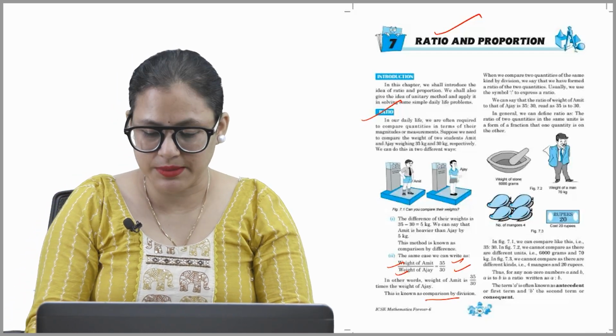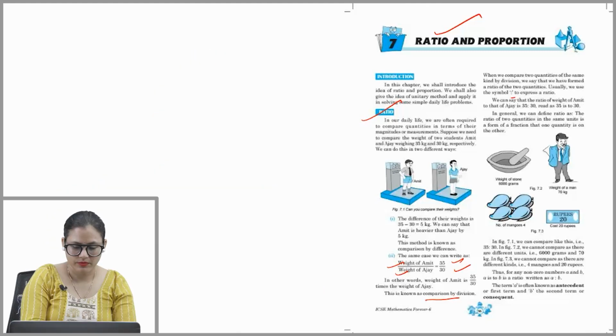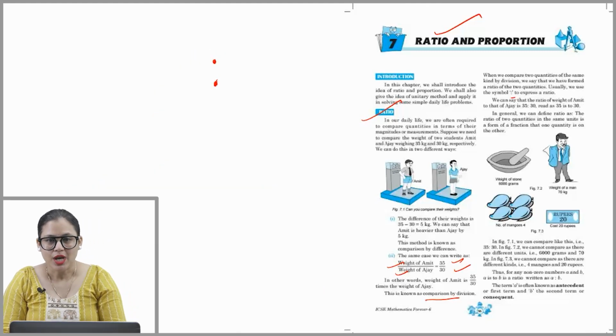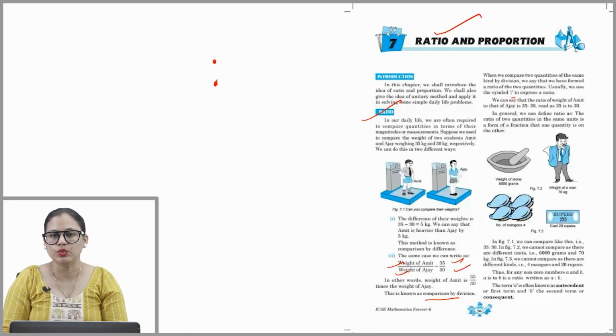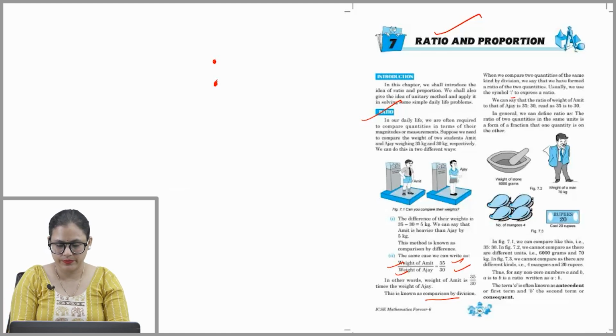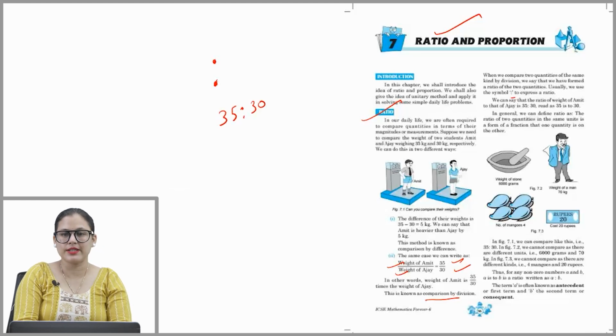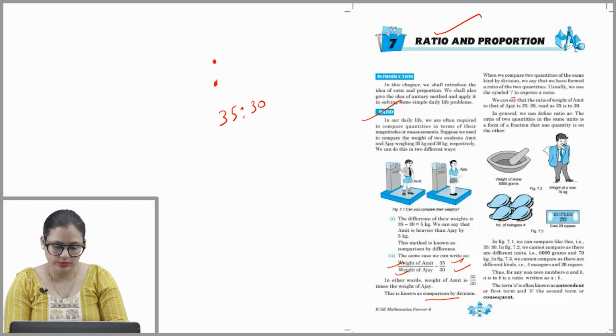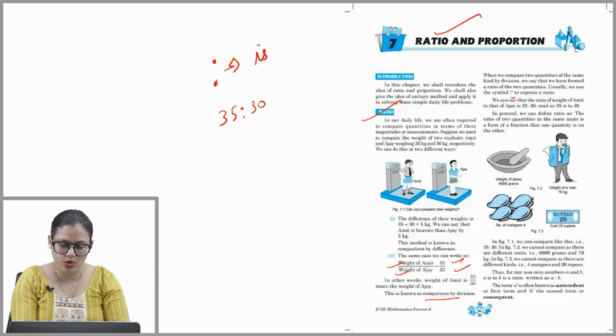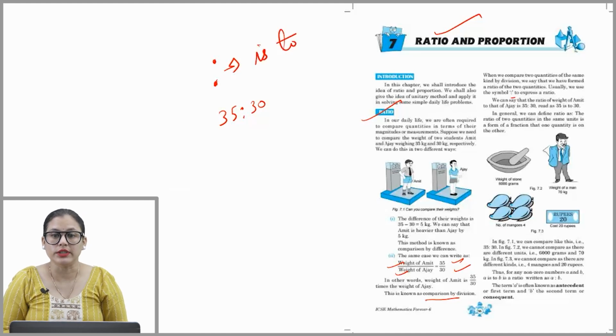Usually, we use this symbol to express a ratio. So, we can say that the ratio of weight of Amit to that of Ajay is 35 ratio 30, which is read as 35 is to 30.